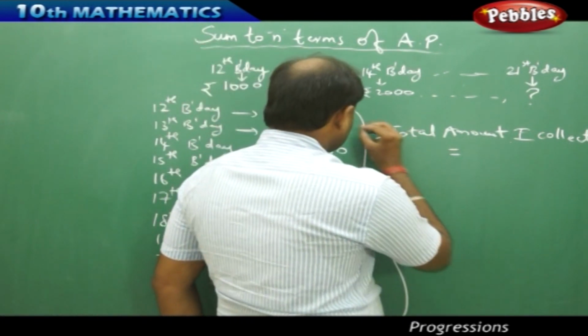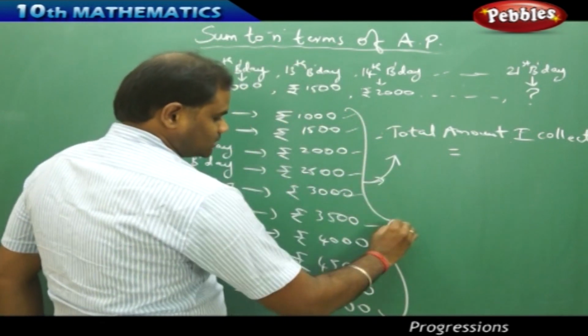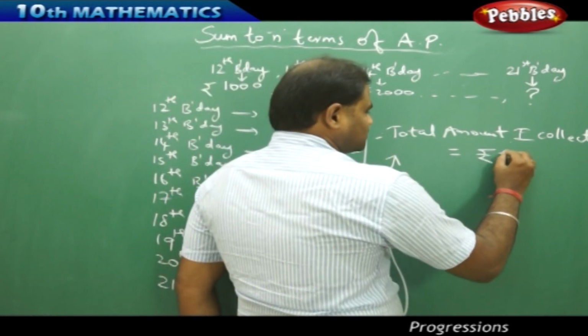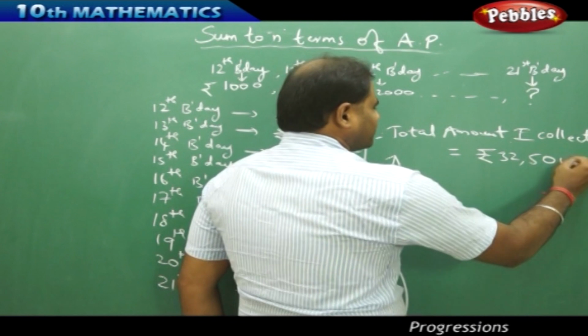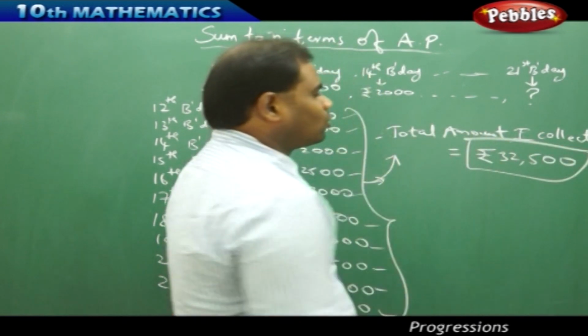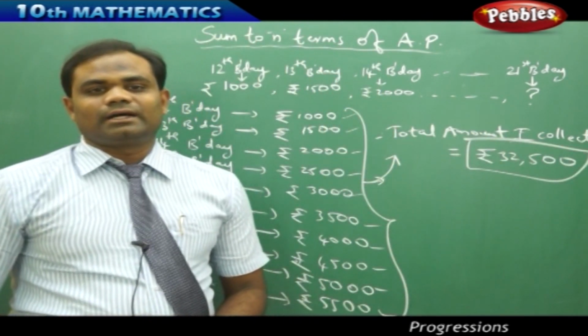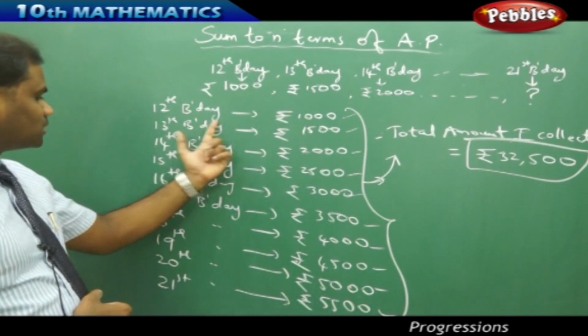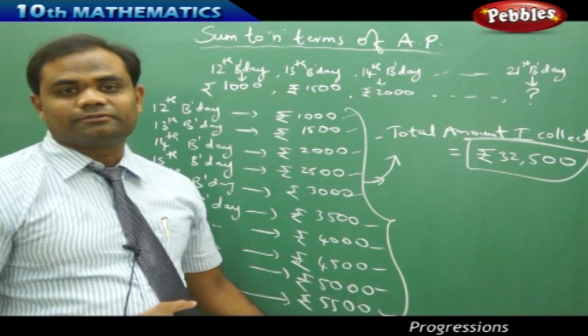So when I add each of these, I get rupees 32,500, which I have collected on the whole from each of the pocket money amounts I got from my 12th birthday to the 21st birthday.